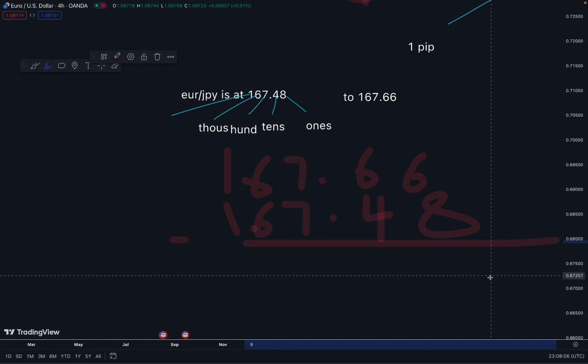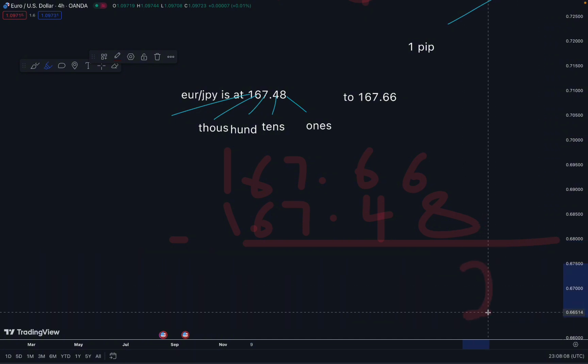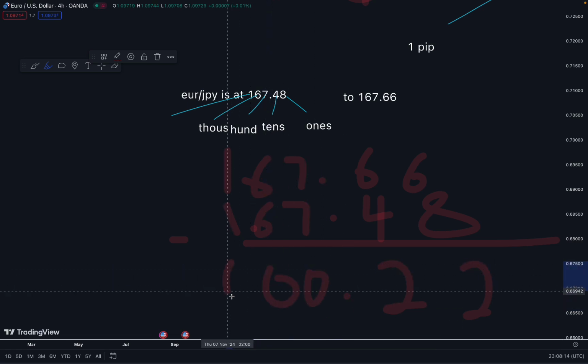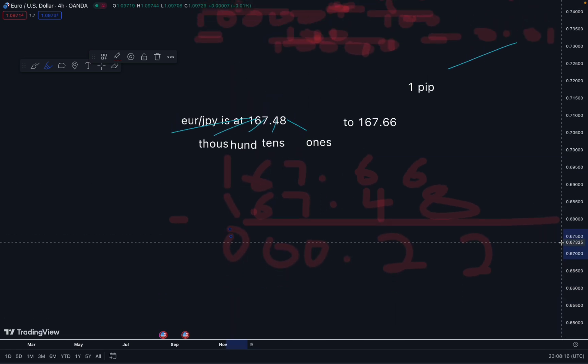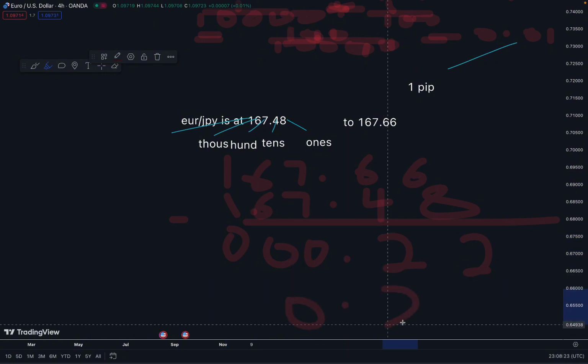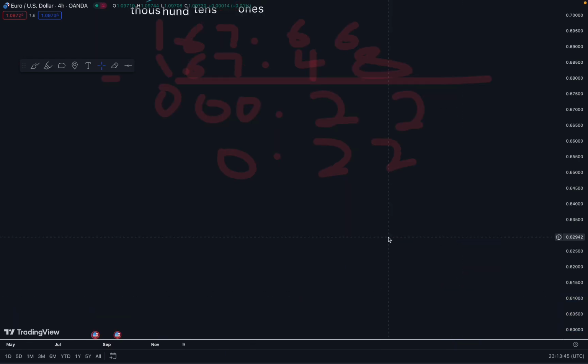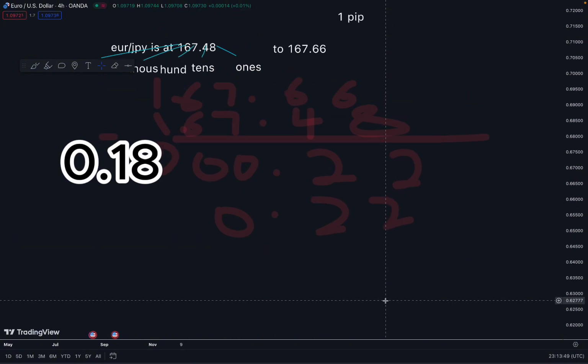By subtracting, I get 0.18. We all know that mathematically this is the same as 0.18, and this is the same as 18 pips.